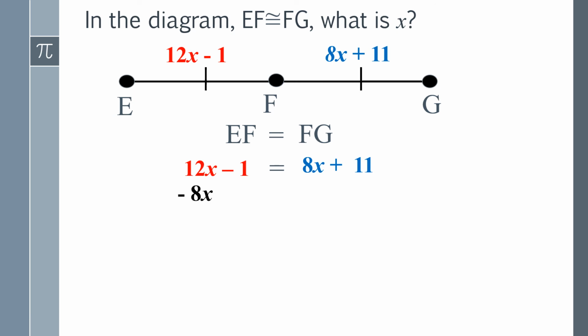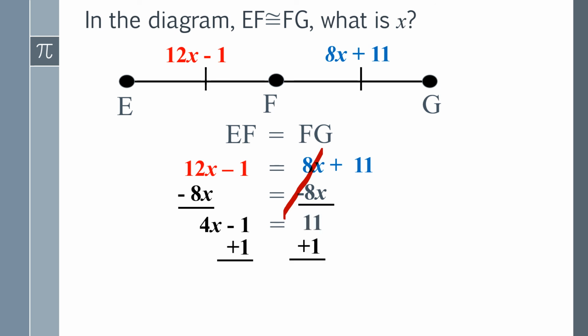Now we need to subtract 8x from both sides. Cross out 0. 4x minus 1 is equal to 11. Add 1 to both sides. Cross out 0. 4x is equal to 12. Divide both sides by 4, so x is 3.